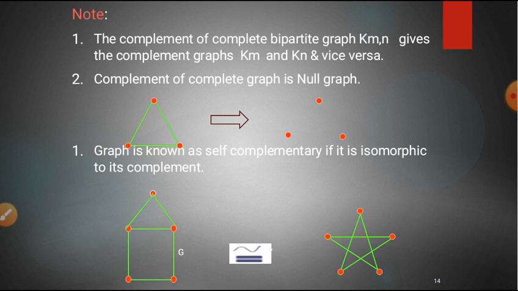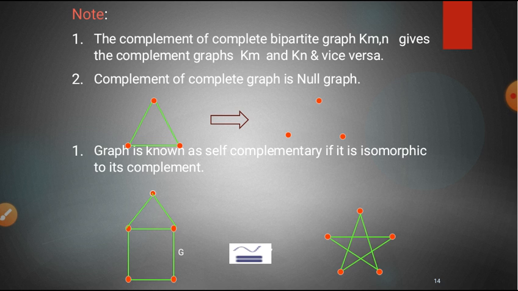So if a complete graph has all vertices connected to each other, for example with 3 vertices, all vertices have 2 degree, they are fully connected to each other.